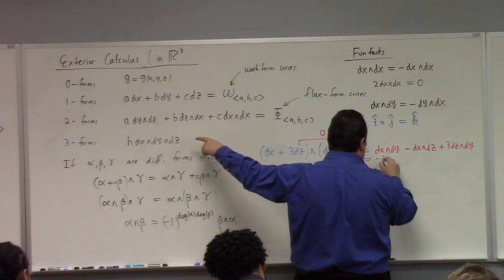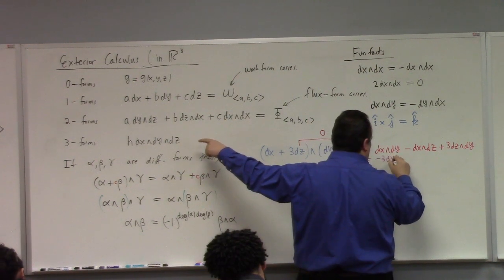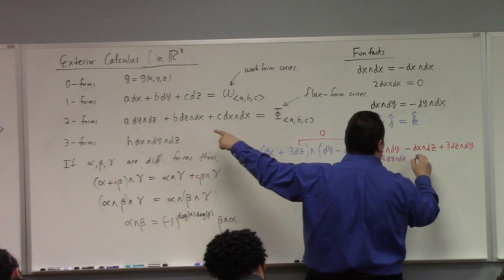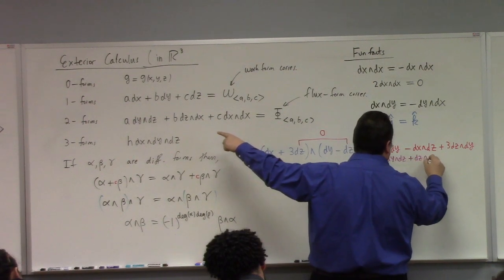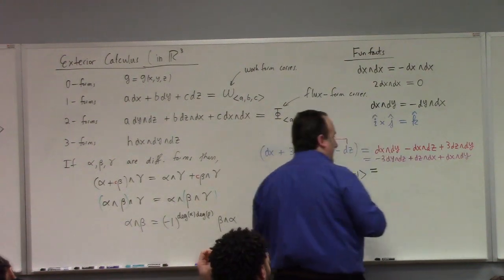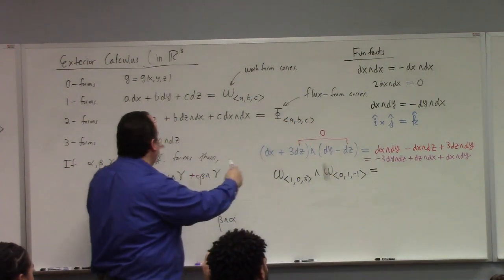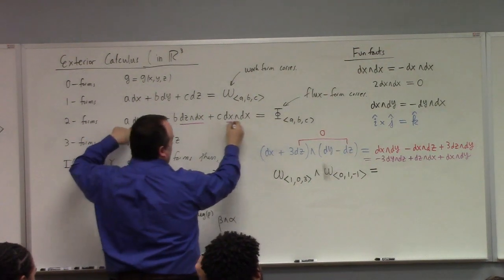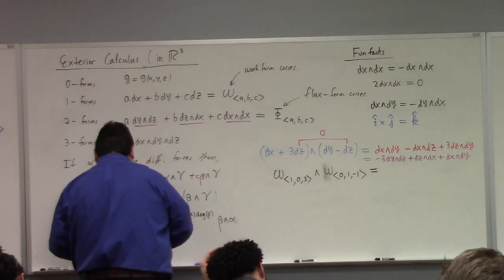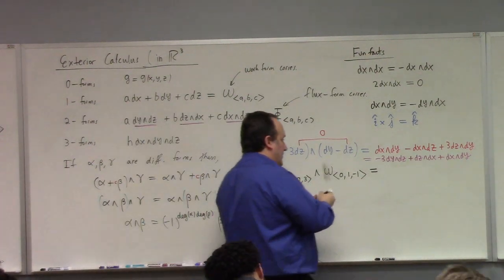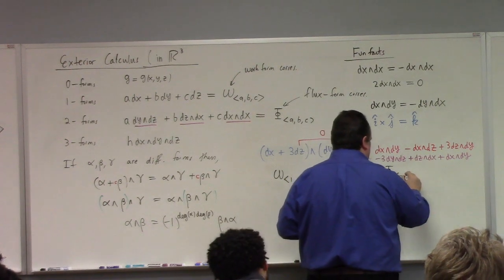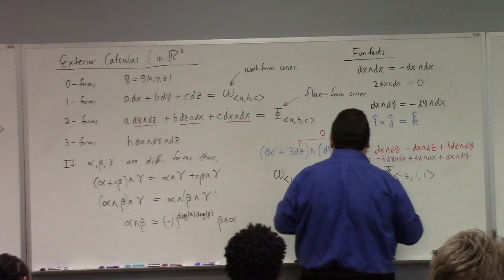So this is minus 3 dy wedge dz plus dz wedge dx plus dx wedge dy. Now I put them in the matching order here. See, the order matters. So if I do that, you can identify then, according to the definition I made 3 minutes ago, that's the flux form of minus 3, 1, 1.